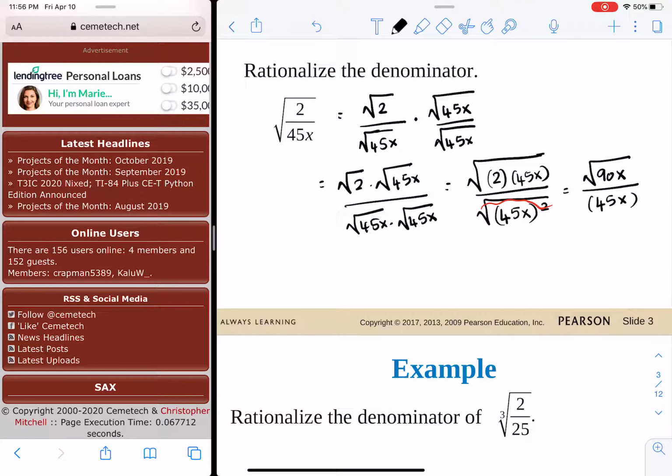Now, is it possible for us to simplify? We can answer that question if we can write 90 in terms of factors that would give us a perfect square. So the easy one would be 3 times 30, which is 90.